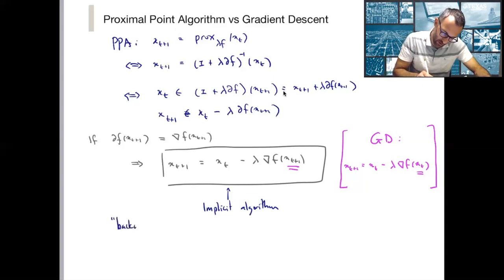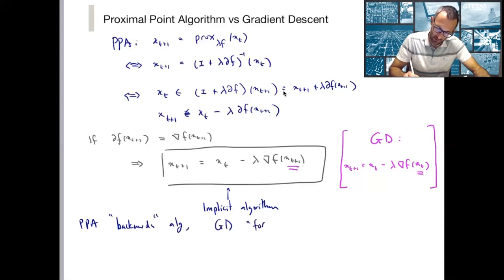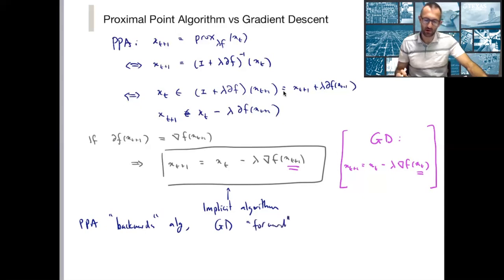The proximal point algorithm is called a backward algorithm, or a backward operator really, and gradient descent is called forward. Okay, so this is a nice interpretation of the proximal point algorithm, and it helps us understand what it's doing. And we're going to see this again.